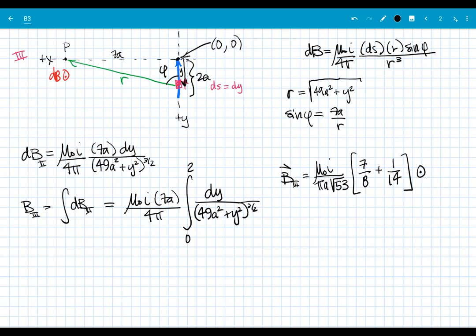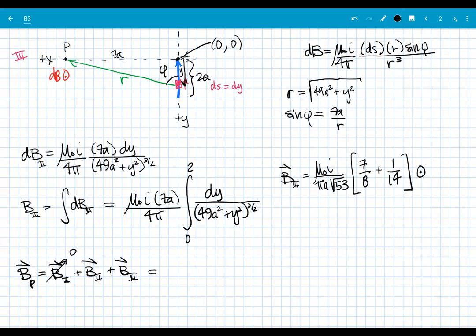So then for the whole wire, what I know is that the B of point P is going to be B of segment 1 plus B of segment 2 plus B of segment 3. And I know that segment 1 was 0, right? So really I'm summing up segment 2 and segment 3. Oh, I'm sorry, guys. I realized that I messed something up here.